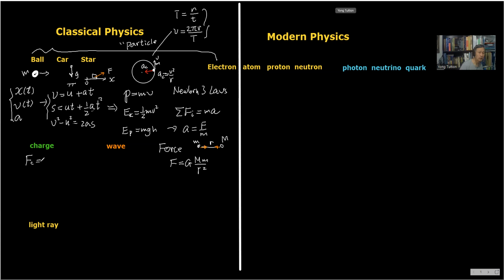The Coulomb force is similar to Newton's law, but they use charge: Q1, Q2 divided by R squared. So that is 2 charges. The K, that's right. In your formula, K can be rewritten in this form, but you don't have to represent it as a constant. You just know they are equal.